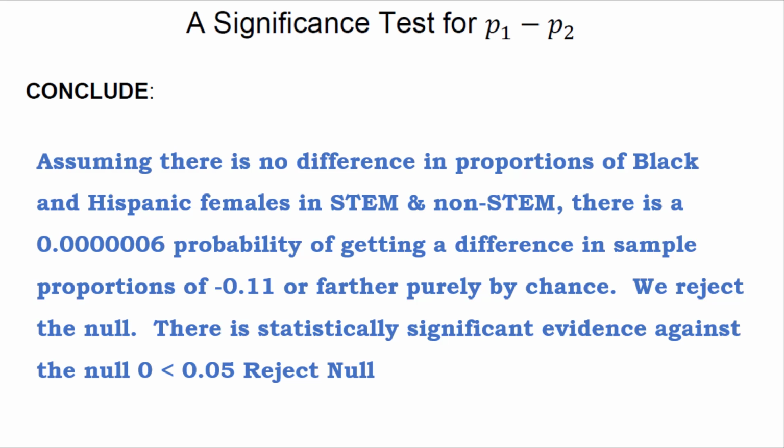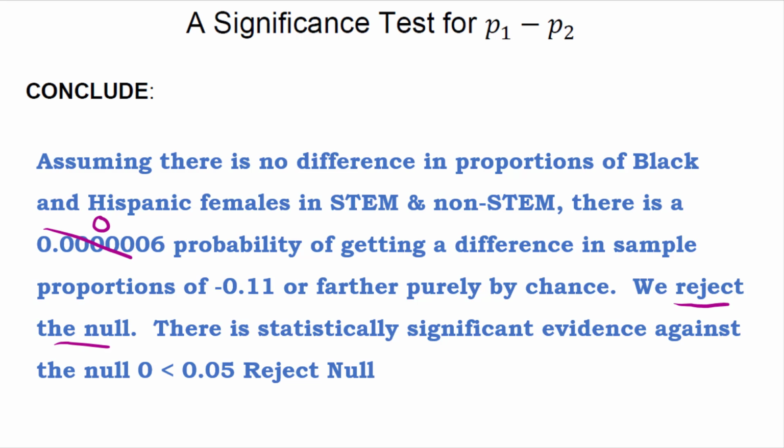So again, you don't even have to put all this in here. You could have simply just said 0, because you have a 0 probability of getting a difference in sample proportions of negative 0.11 or further purely by chance. Then simply state we reject the null, or we fail to reject the null, and throw in the statement either you have statistically significant evidence or you do not.